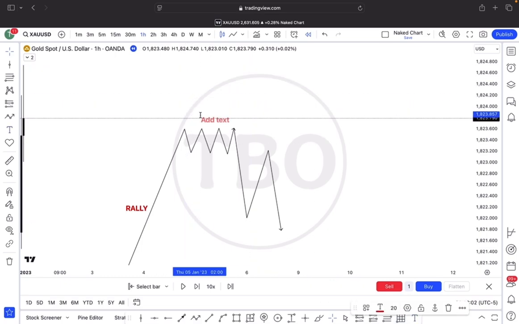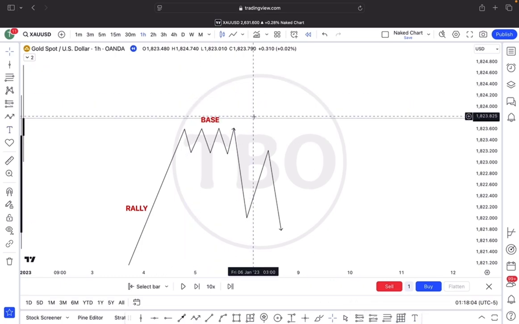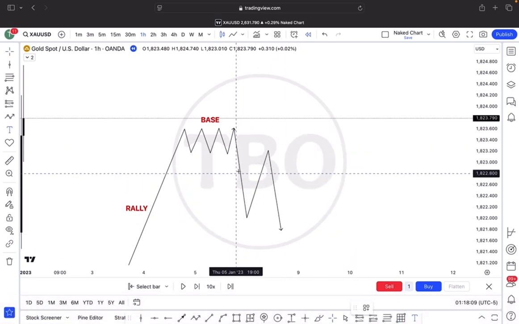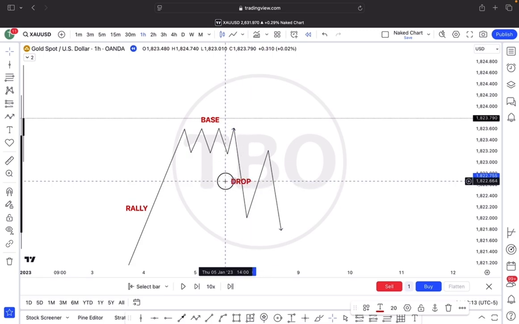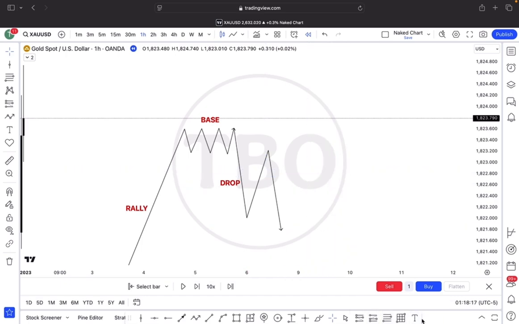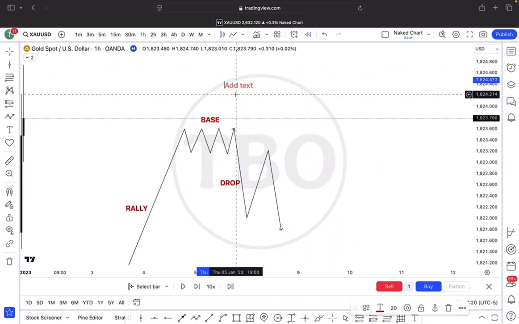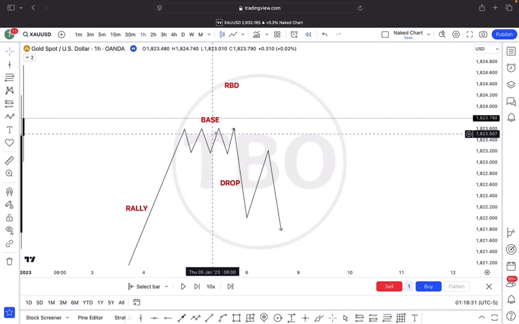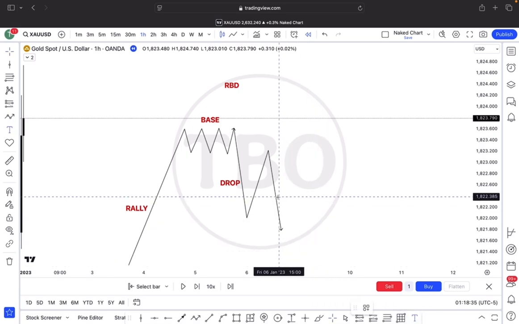Then you're gonna have a base, drop, right? In other words, the abbreviation for this is RBD. So rally, base, drop, right? And right here, you get the reversal.